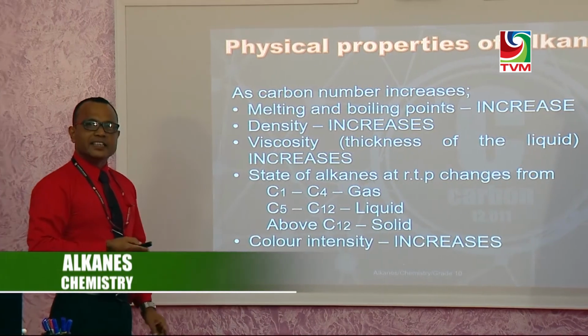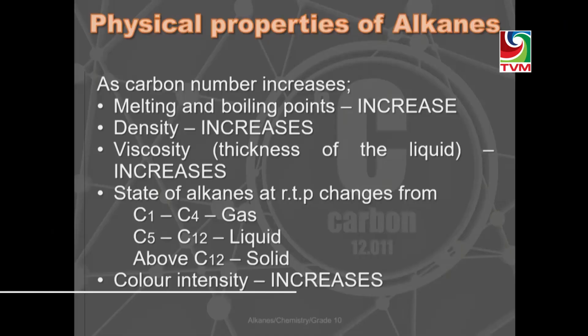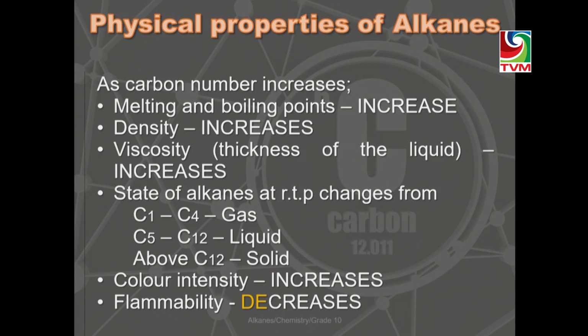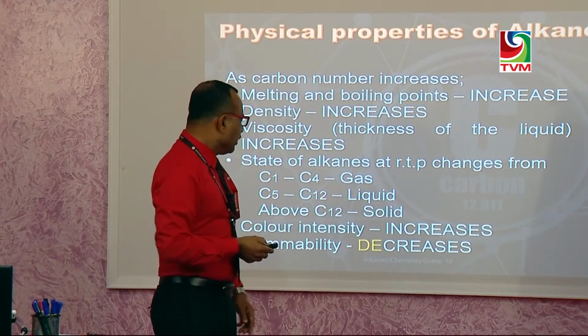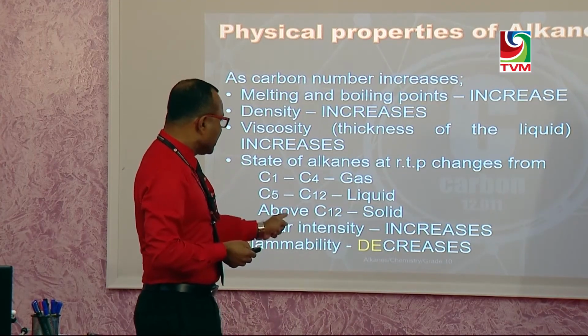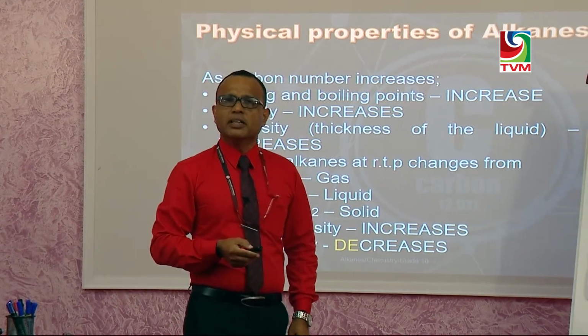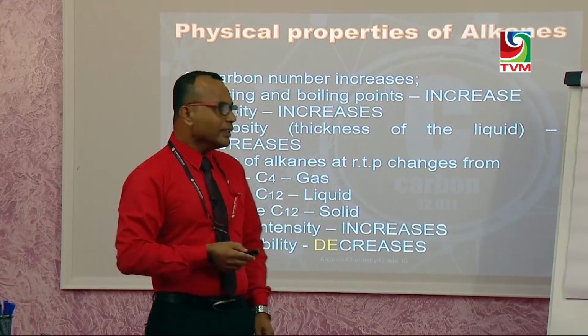Then color intensity, or we can say the darkness. Darkness increases as carbon number increases in alkanes. Flammability, the ability to catch fire, behaves differently. Flammability decreases as carbon number increases in alkanes.